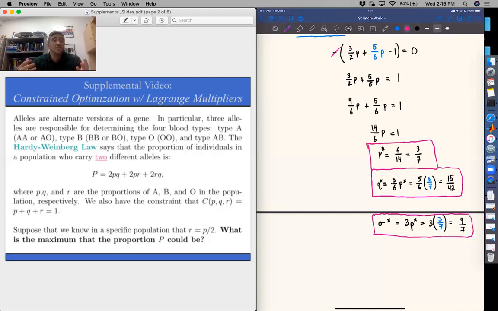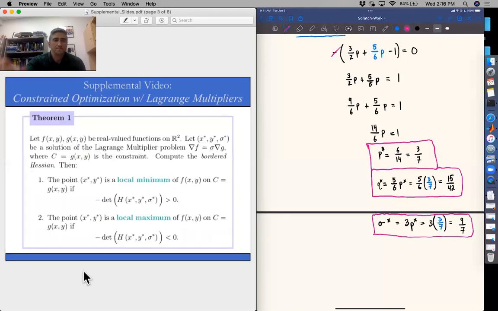And we consider its determinant, and the determinant will tell us whether or not it's a max or a min. So remember, we had a theorem from class that helped us tell in these types of situations, where we have one equation of 2 variables and one constraint, whether that determinant of the bordered Hessian tells us if it's a max or a min. So to use this theorem, we clearly need to figure out what the Hessian matrix is.